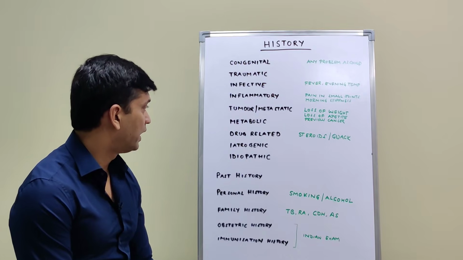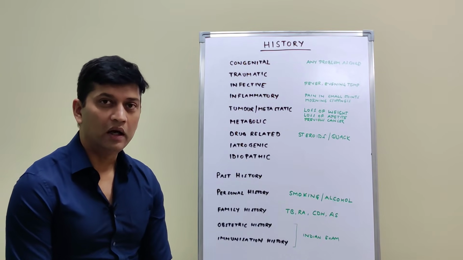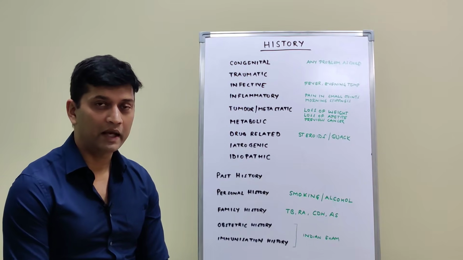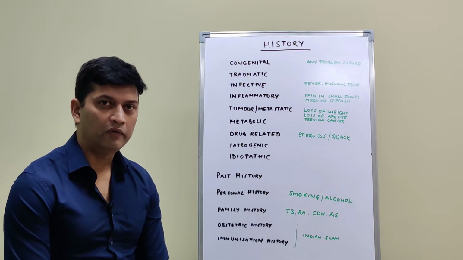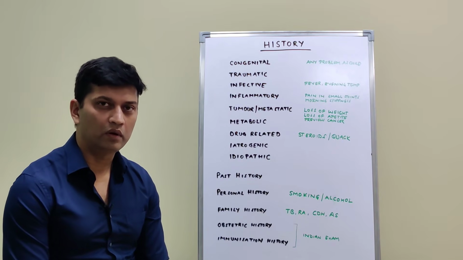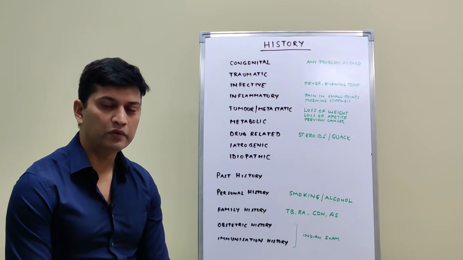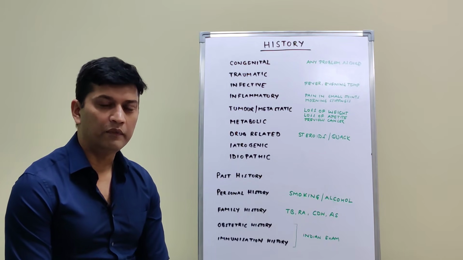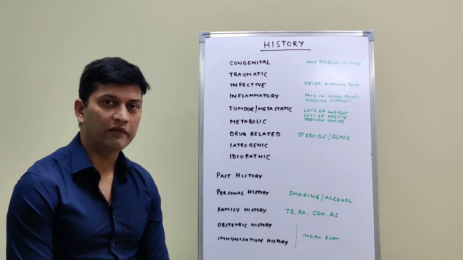Now, iatrogenic is something for which we are responsible. It is not so common in the hip, but it can happen if you operate on a 15-year-old or 16-year-old or 13-year-old boy who has a shaft femur fracture, and if you use a piriformis entry nail, you can cause damage to the blood supply of the head, and they can subsequently have avascular necrosis.